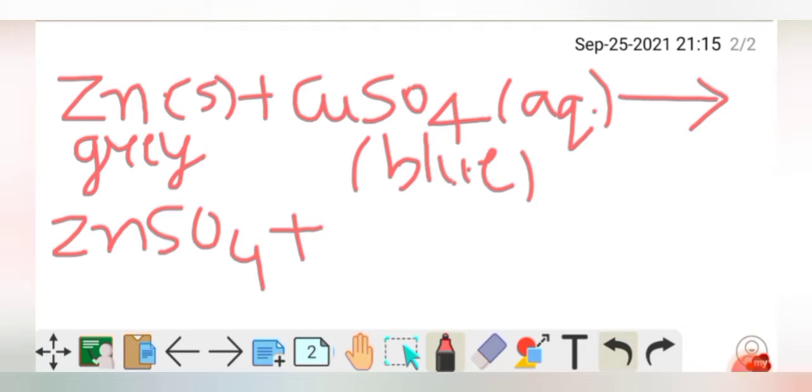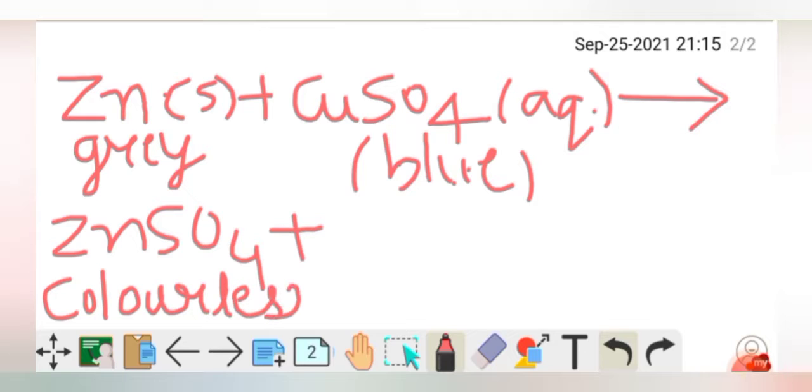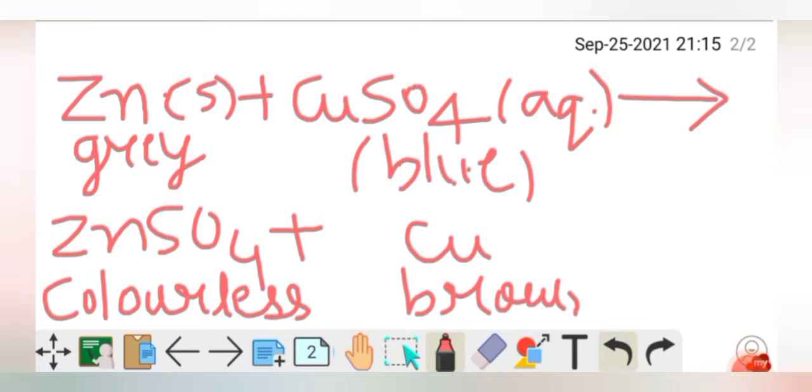So it forms zinc sulfate, which is colorless. And then copper metal, Cu, which is brown in color. So sometimes colors are also asked in exams, that when this reacts, which colors are formed. So you must remember this also.